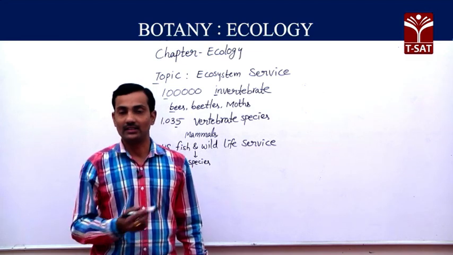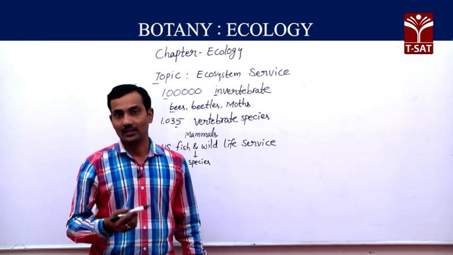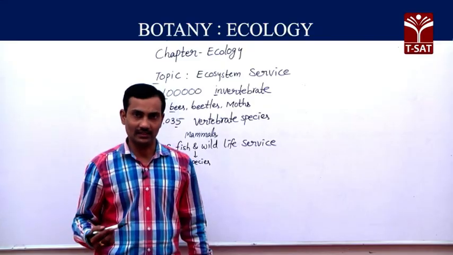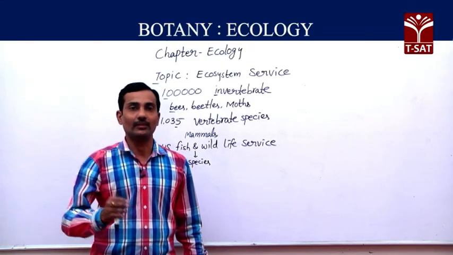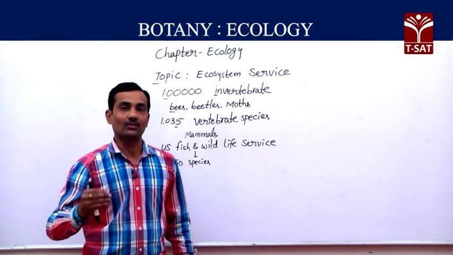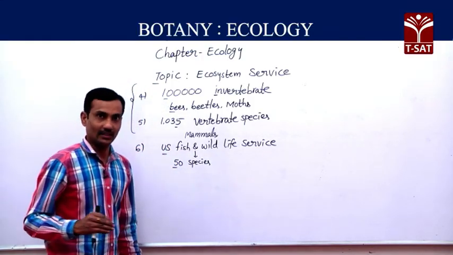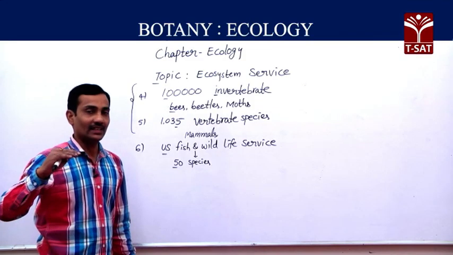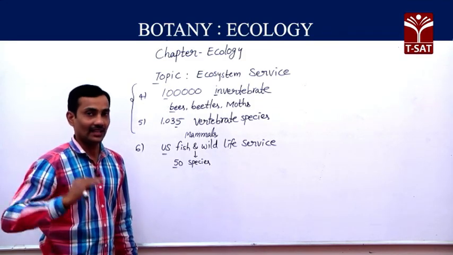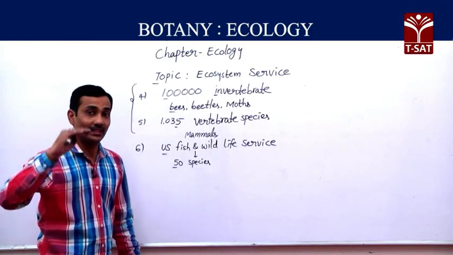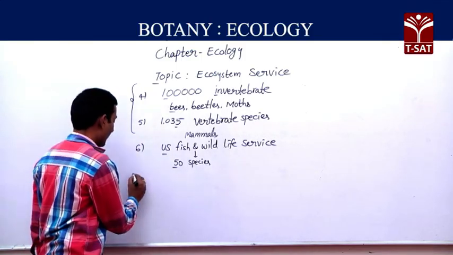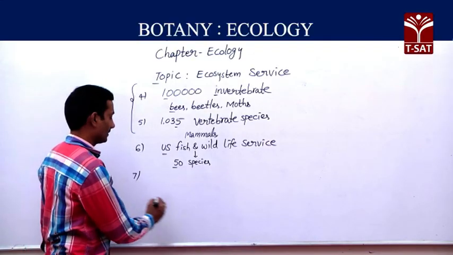So if all pollinators decrease, what happens here? Ultimately it affects the production of food in the field. Agricultural yield gradually decreases if pollinator numbers decrease.